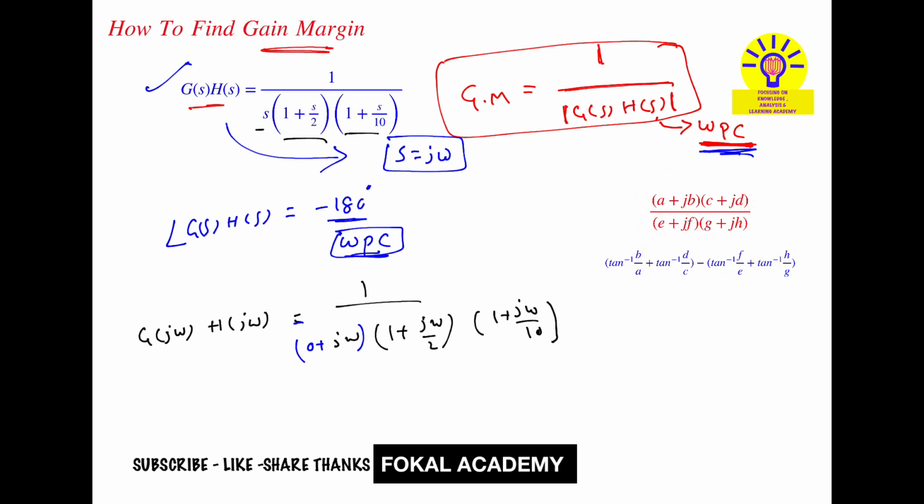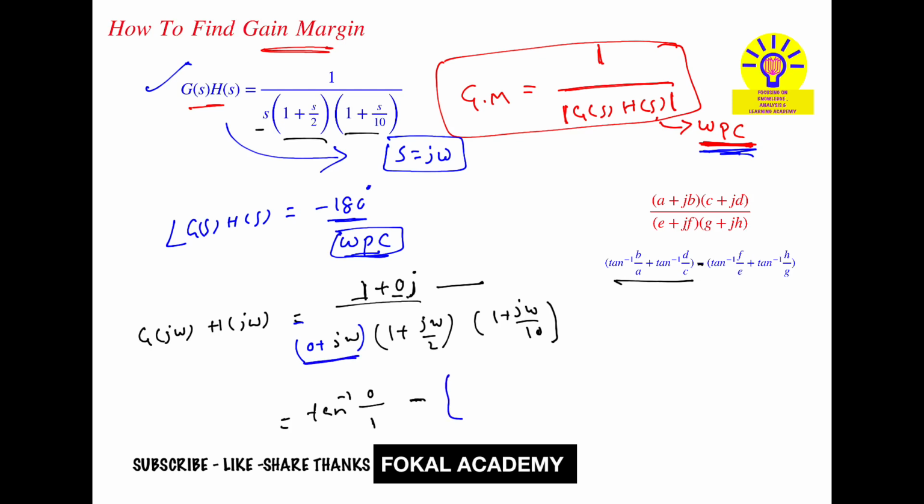Now apply this process here. In the numerator, 1 is the real part and the imaginary part is 0 plus j, so tan inverse of imaginary part 0 by real part 1. There are no more complex numbers in the numerator. Now apply minus of the denominator.